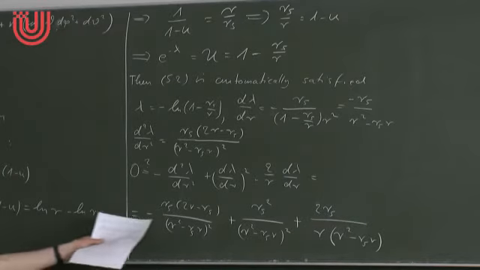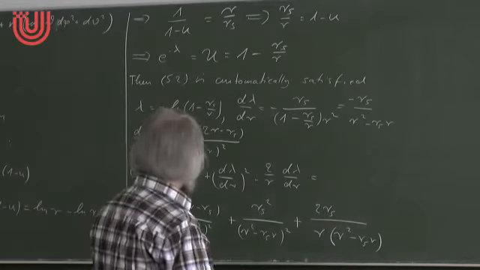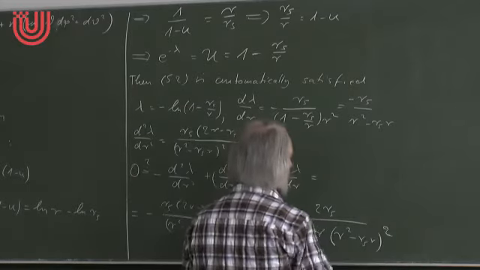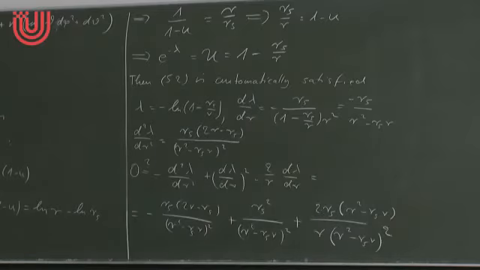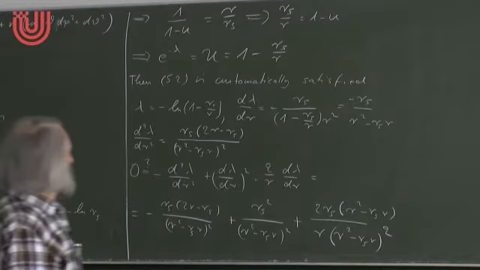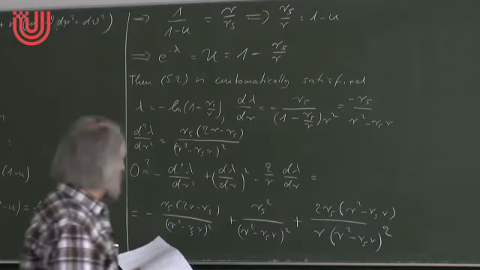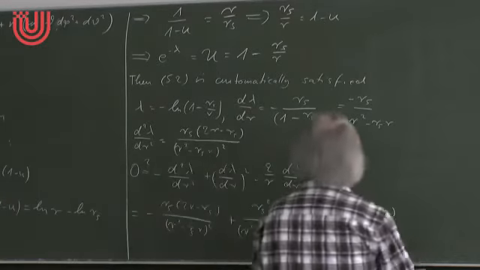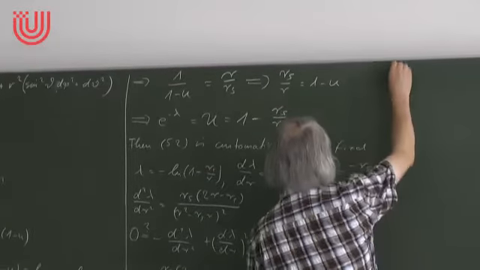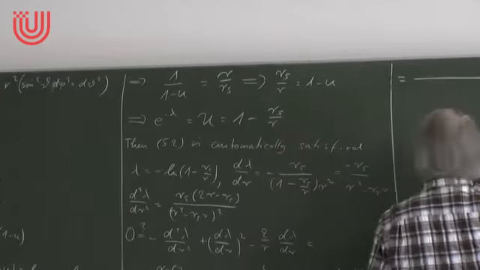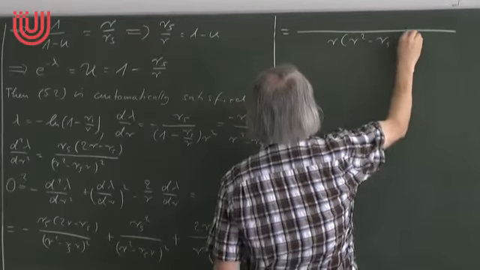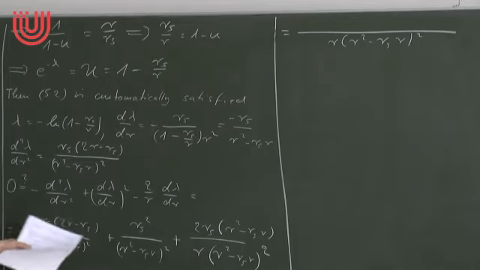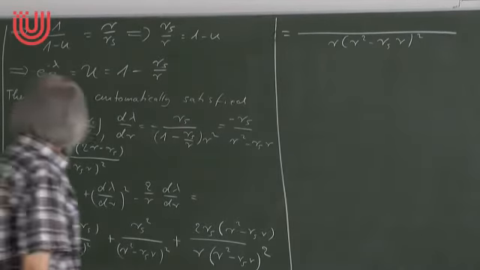So I would like to write everything over the same denominator. So I multiply this with the appropriate factor here. And then I have the same denominator in all terms, right? Well, almost. I have to multiply this here with r. So I write everything on the denominator. Then I get minus 2r squared rs.